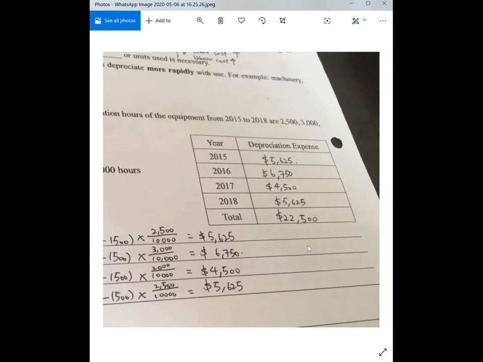If the question is asking you to use the 3 different methods to calculate the total depreciation, you can check whether all of the 3 total amounts are the same. If they are not, it means you did something wrong. Otherwise, they should be having the same total amount. And the remaining would be the salvage value.